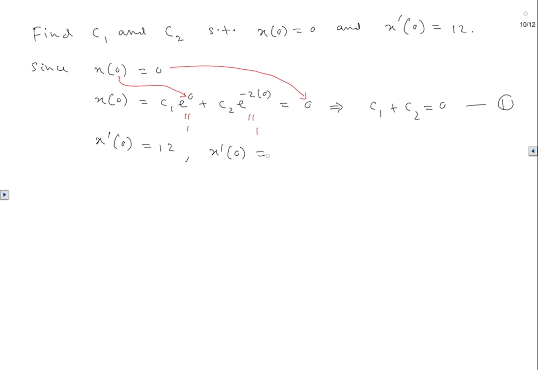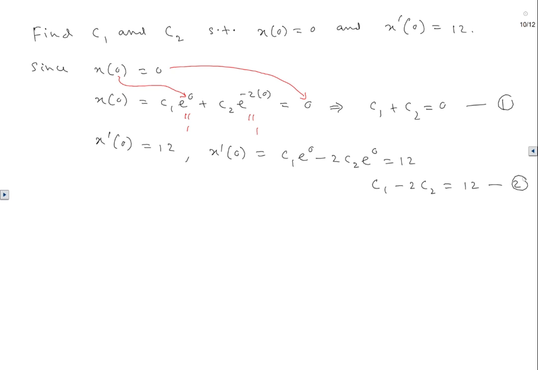If you go to the derivative and plug in 0, you're gonna get c1 e to the 0 minus 2 c2 e to the 0 equal 12. And from this you're gonna get c1 minus 2c2 equal 12. I'm gonna call this equation number 2.